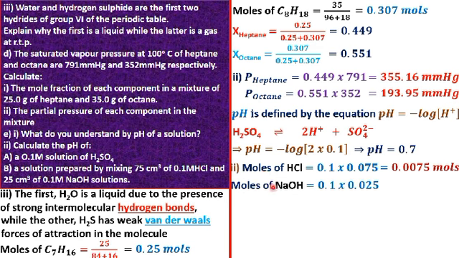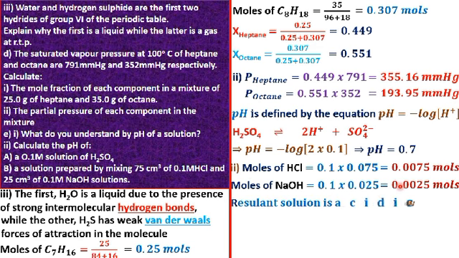Then to get the moles of sodium hydroxide, in a similar manner, we take 0.1 times 0.025, converting from cm³ to dm³. That gives us an answer of 0.025 moles. Now that we have the moles of the two components, we can see that the number of moles of HCl is more than that of sodium hydroxide.